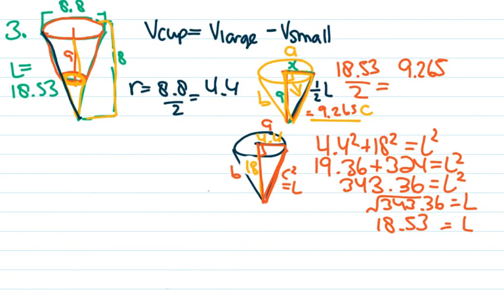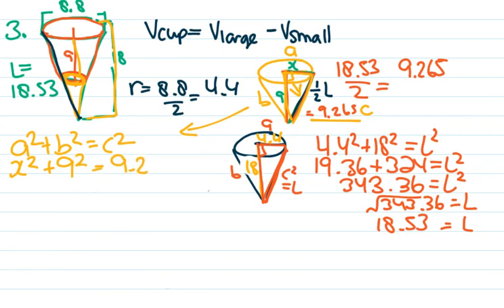Now I have A squared plus B squared equals C squared, where A squared is X squared, B squared was 9 squared, and C squared is 9.265 squared. So X squared plus 81 equals 9.265 squared, which is 85.84.